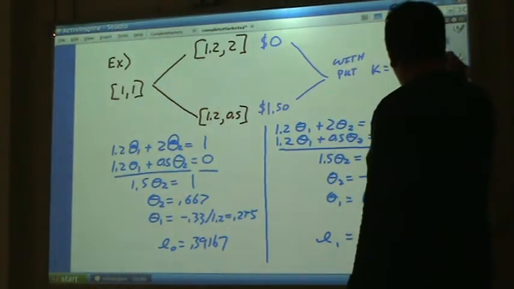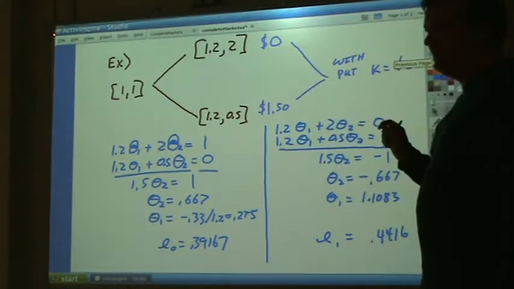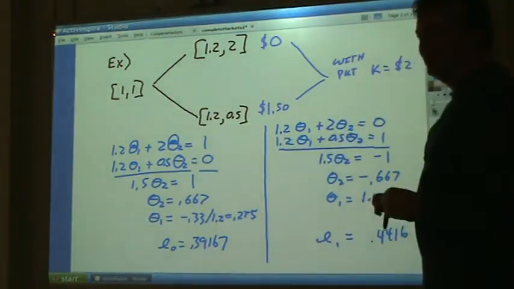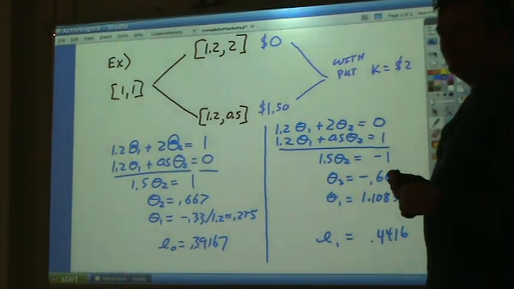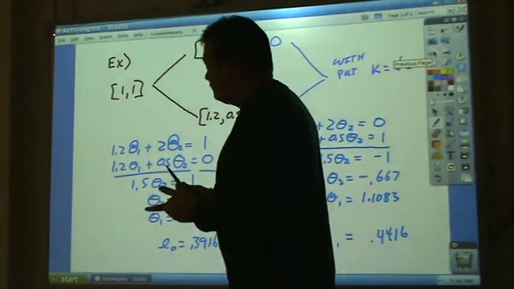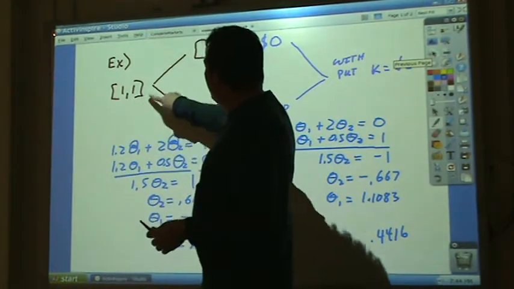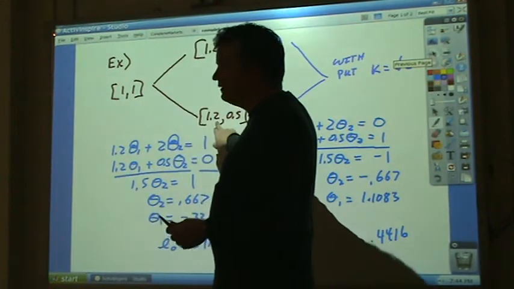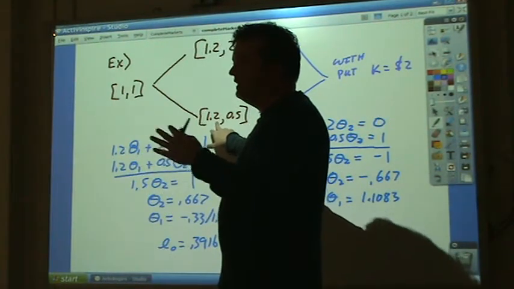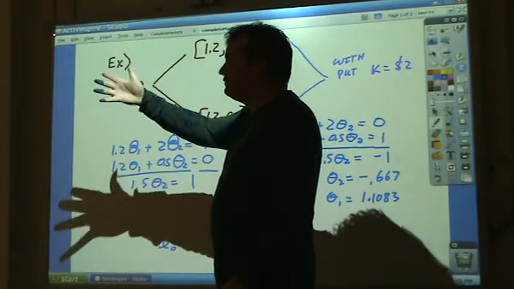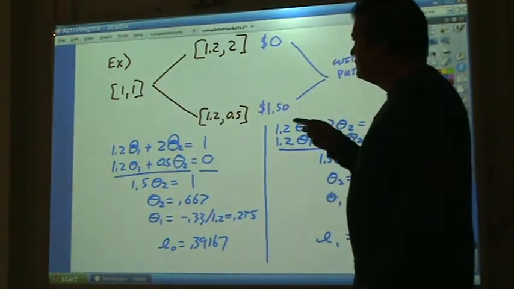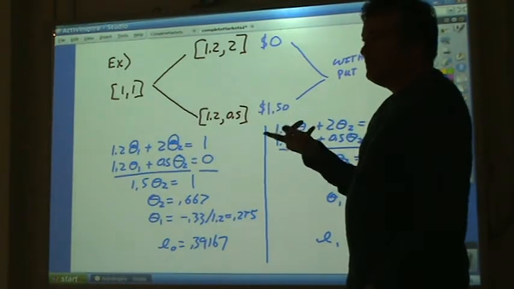Well, it might be intuitive for you to just see it looking at what's in brown. Can you guess what the interest rate would be? Right, because there's one security that no matter what state you go into goes to $1.20. Suppose the interest rate was not $1.20, that'd be an arbitrage.